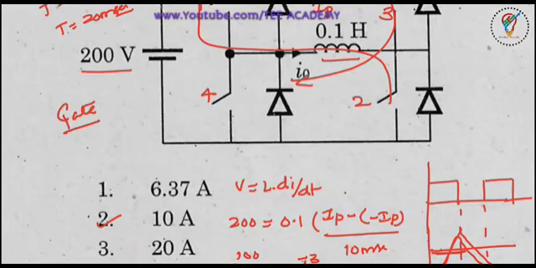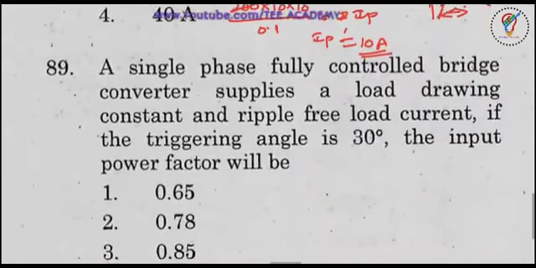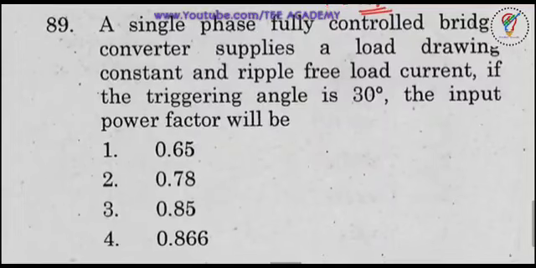Now next question here. A single phase fully controlled bridge converter supplies a load drawing constant and ripple free load current. If the triggering angle is 30 degrees, then the input power factor will be... okay, so tell me the formula for input power factor.